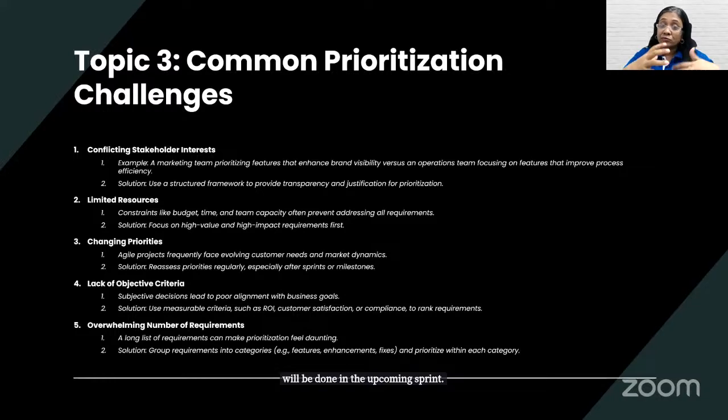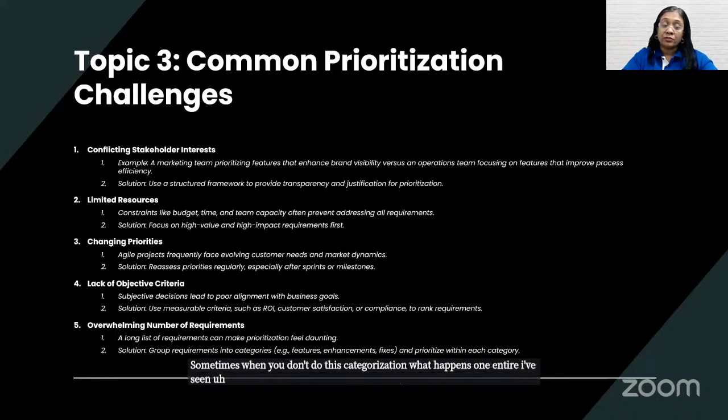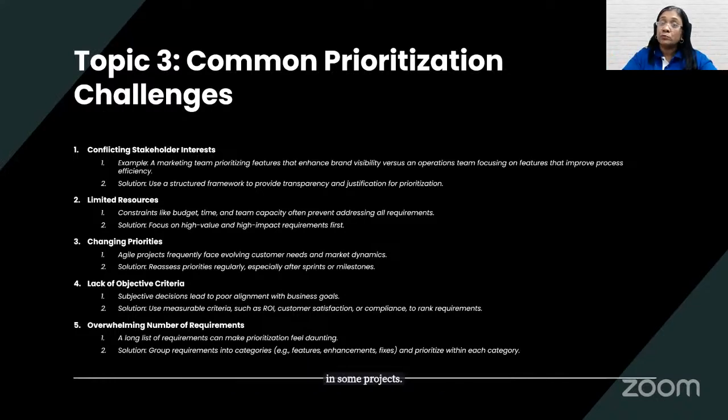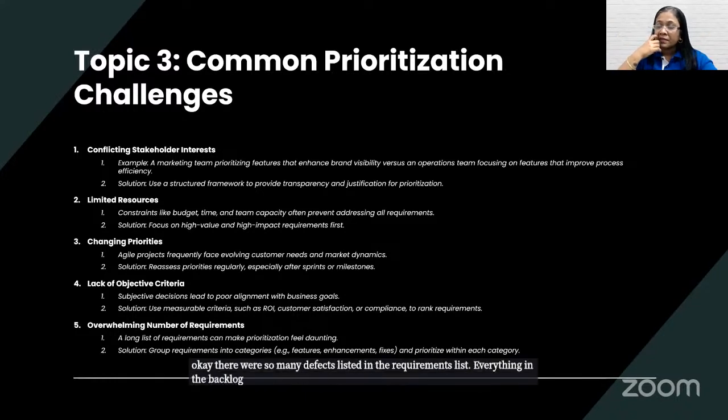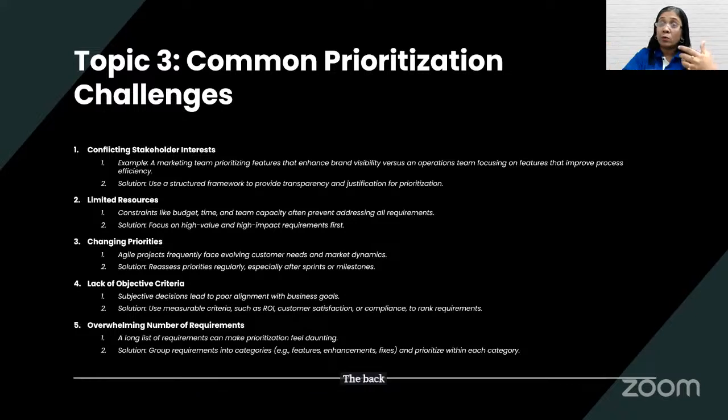Sometimes when you don't do this categorization, what happens, I've seen in some projects, one entire sprint was consumed only by defect fixes. There were so many defects listed in the requirements list, everything in the backlog. The backlog consists of new requirements, enhancements, and even defects, right?